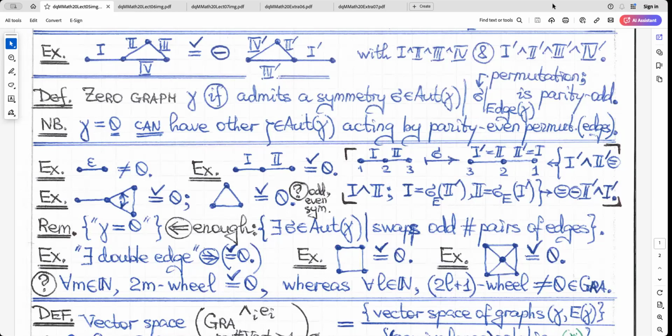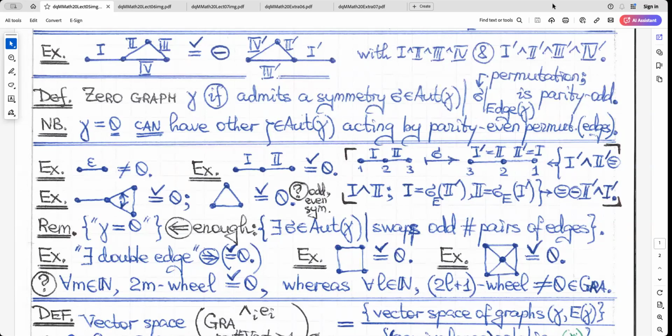Is there a simple procedure to check whether a graph is zero or not? It is an NP hard problem. You calculate the automorphism group of your graph. You start running over the non-trivial elements of your automorphism group. You inspect how they act.